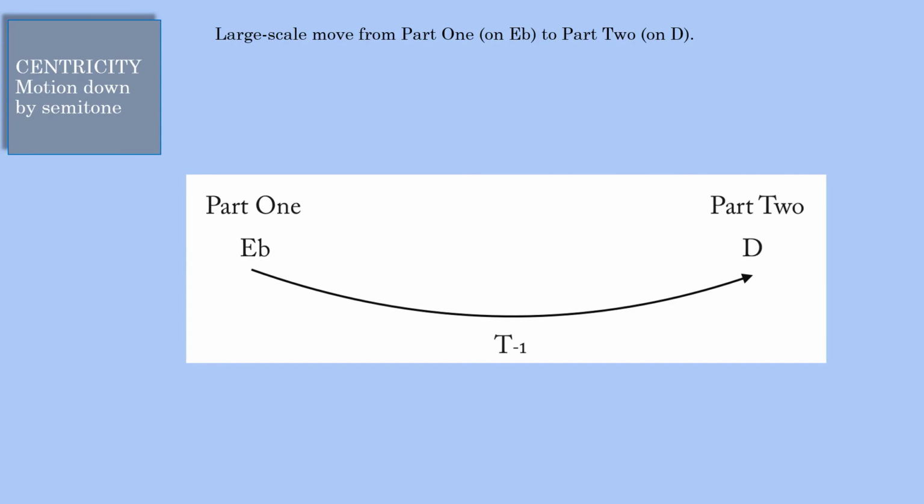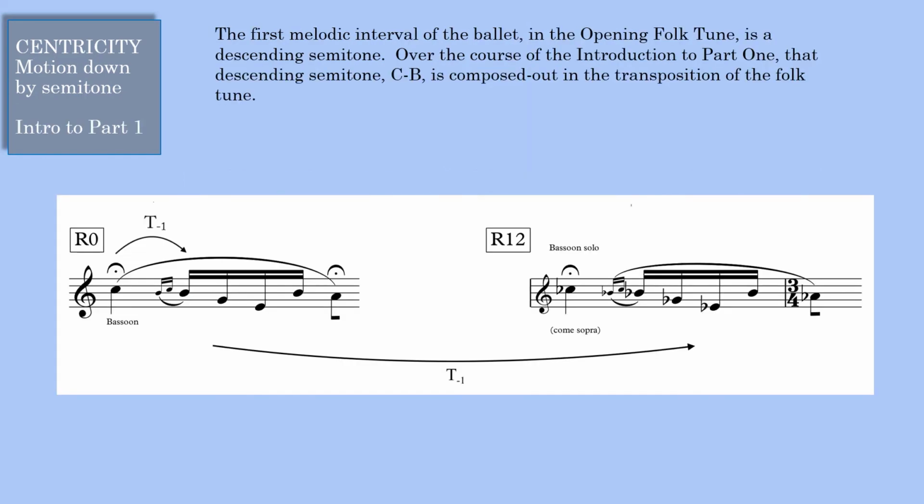We can thus imagine the entire ballet as describing a large descending semitone from E-flat centered Part 1 to D centered Part 2. This large descending semitone at the highest level of structure resonates with the same musical idea expressed over shorter spans.